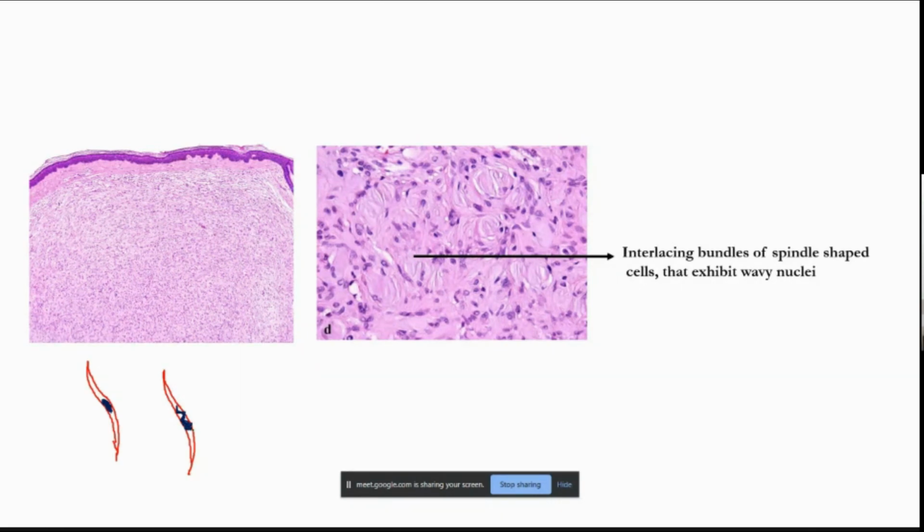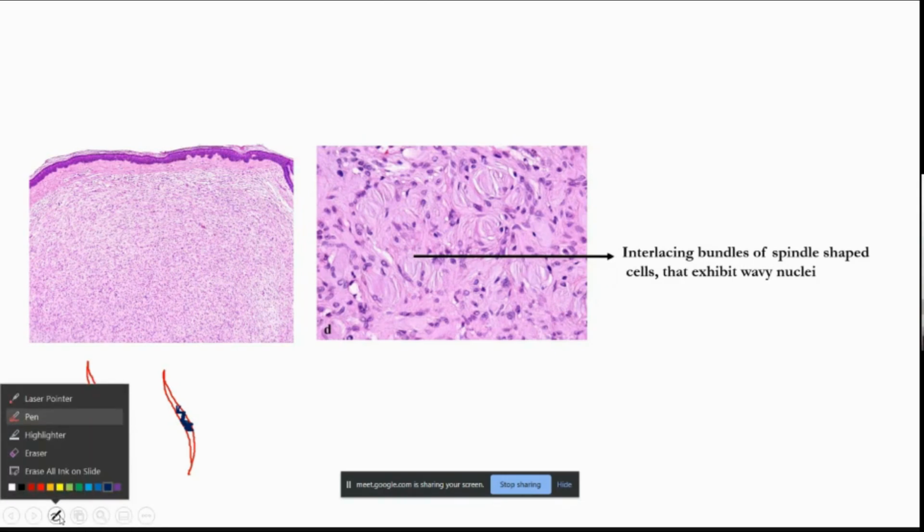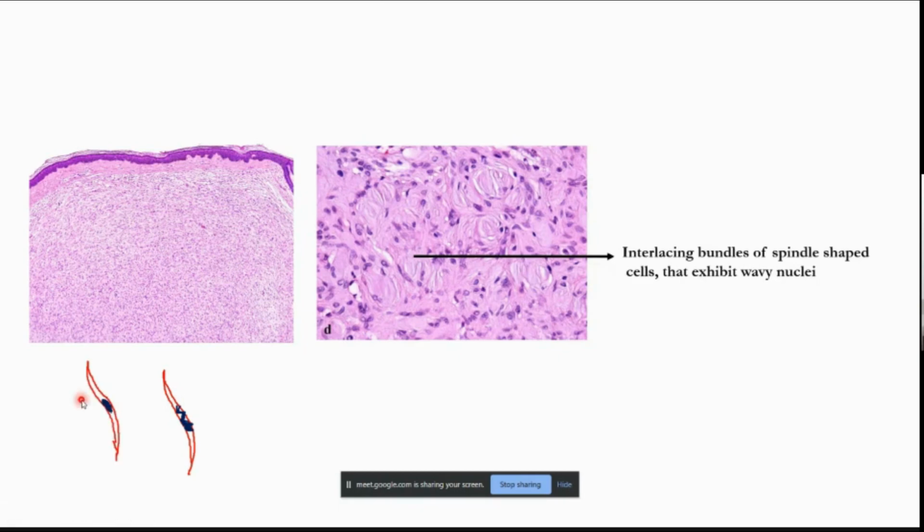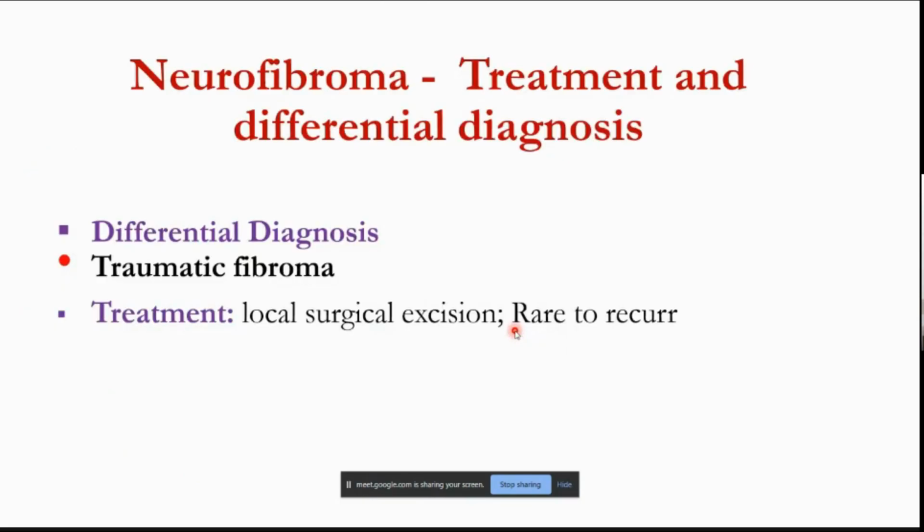You will actually see that the nuclei are wavy in structure. So that's how you differentiate a fibroblast from a nerve cell. What we see here is a lot of interlacing bundles of spindle-shaped cells with wavy nuclei. That's what gives you a diagnosis that it is a nerve tumor and not a fibrous tumor.